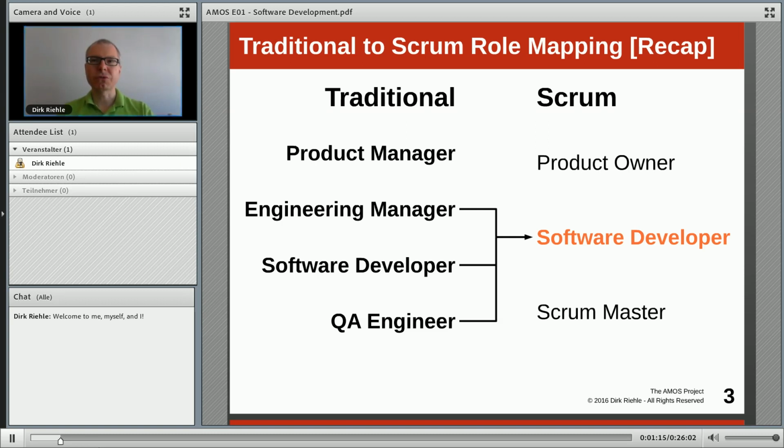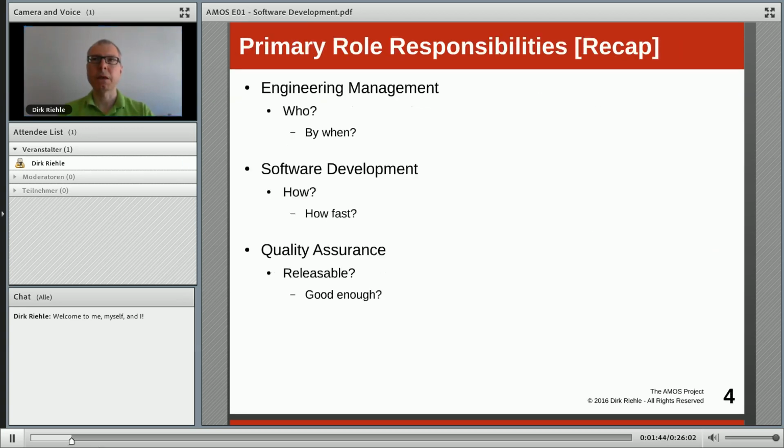There are no traditional engineering managers in Agile any longer. As you can see here, the mapping of these traditional roles of engineering manager, software developer, and quality assurance engineer or software tester, they are all mapped or rolled into one, which is the Agile software developer. And again, the Agile software developer is not working so much as an individual as they are viewed as a collective, as a team.